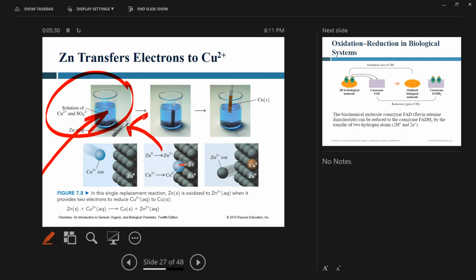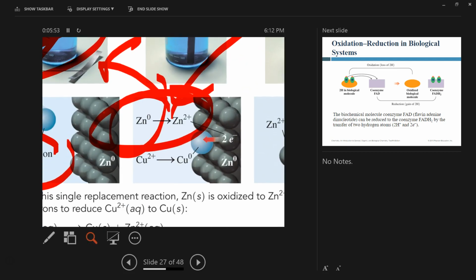What's going to happen is copper that exists in the form of a positively charged ion will exchange electrons with the zinc. Zinc will lose electrons. You see this reaction on top here? I'm going to enlarge it for a second. Here, zinc will lose electrons.